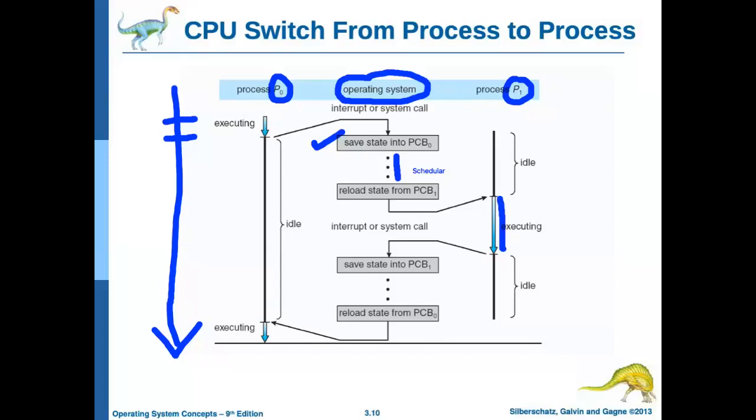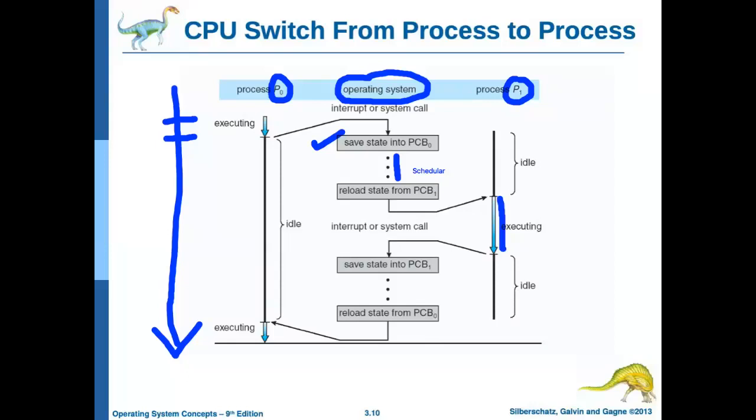Now, maybe again an interrupt occurs or maybe a system call is there. Maybe for whatever reason now the operating system has to switch from P1 to some other process. Exactly the same steps will be carried out. For example, P1 is currently executing.